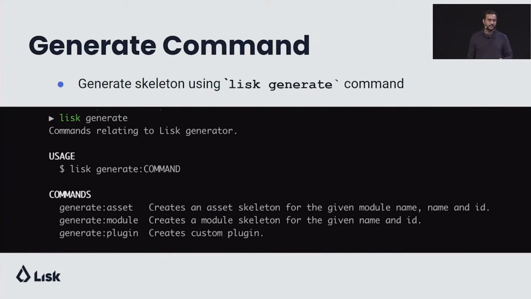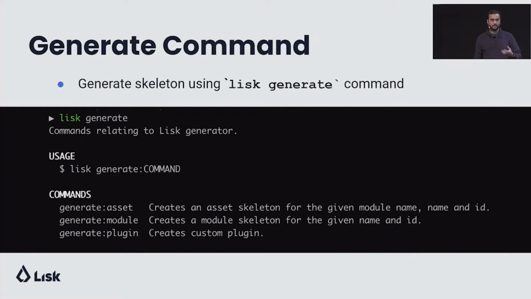ID has to be greater than 1,000. The first 1,000 are reserved for default modules. And once you have added this module, now you want to add an asset. To do that, you can simply write lisk generate:asset and give the module name to which you want to add it, and then give the asset name and ID.